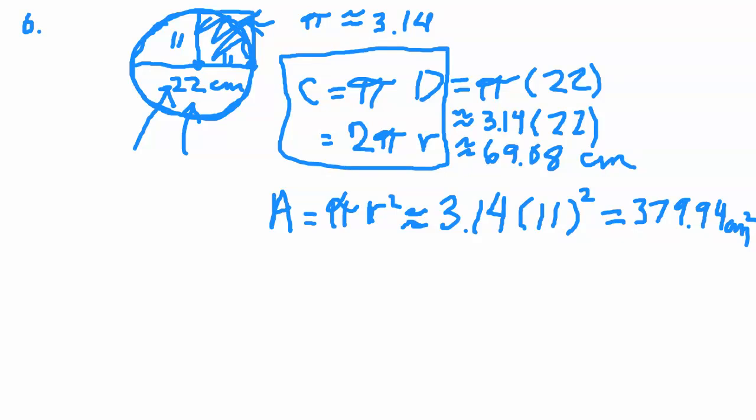Okay, next we're going to find the area of a region that includes half of a square. Or sorry, half of a circle. So we've got a rectangle. And then we're going to put half a circle onto that.